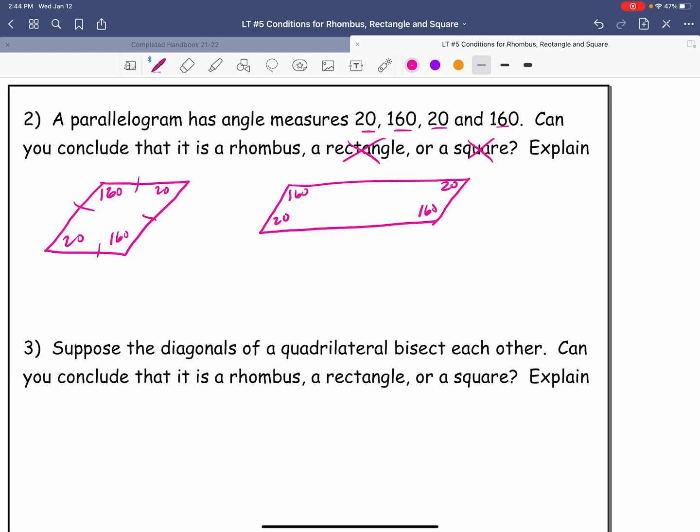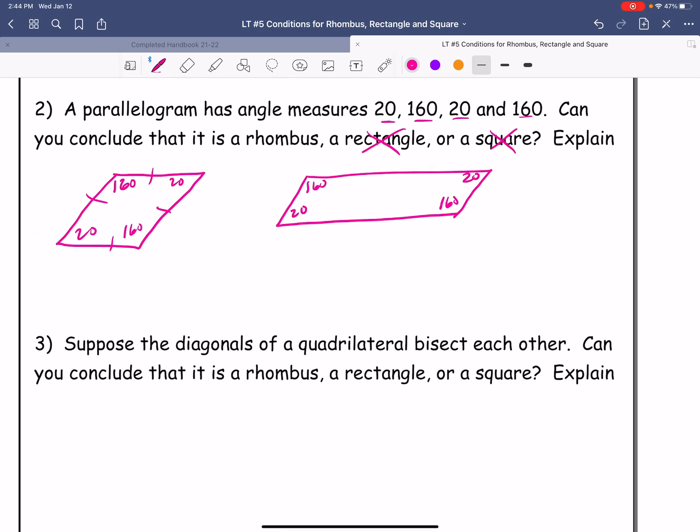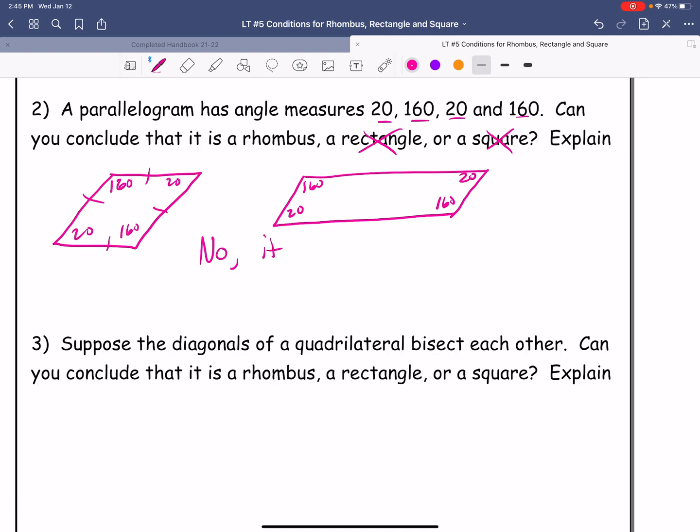That does meet the conditions of the angles, but it doesn't appear to be a rhombus, just a parallelogram. So we say, no, we cannot conclude. It might be a rhombus, but it doesn't have to be a rhombus.